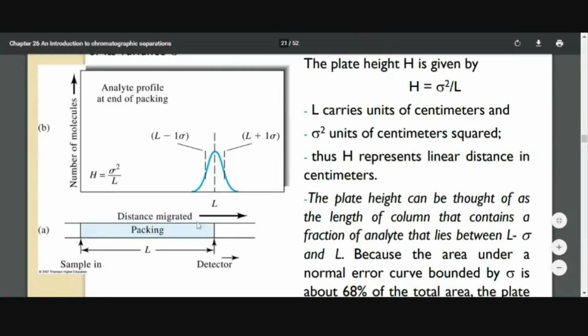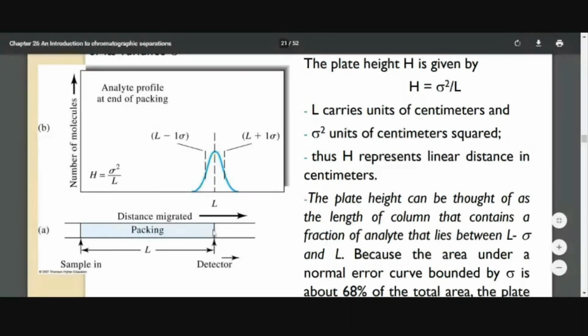See this part of the diagram. This is your column, and at this point you have the detector. From here the sample is injected. The sample travels from here through the column packing, and it gets detected at this point.